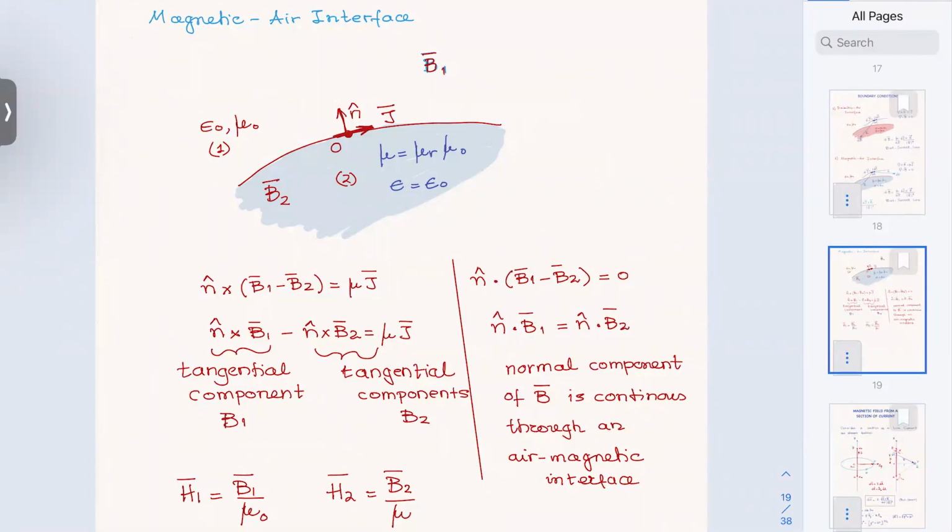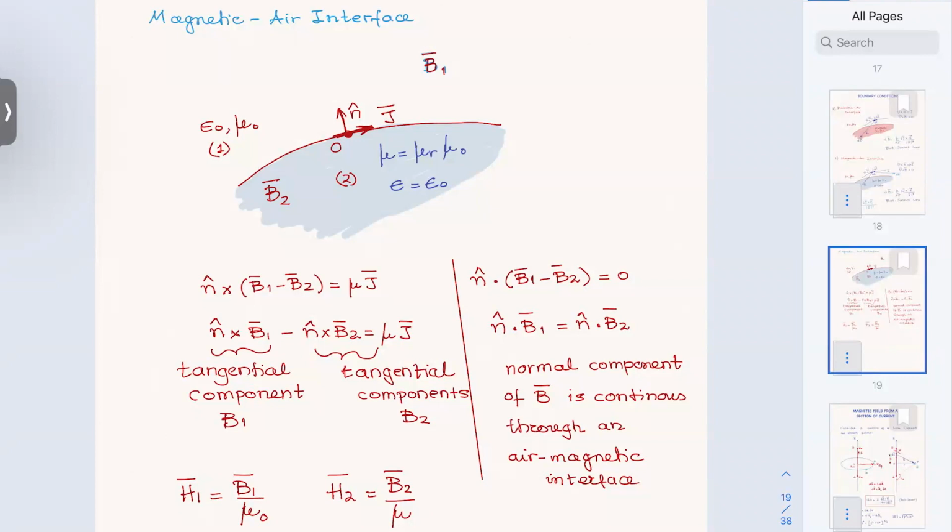All right, so while B1 and B2 are continuous through the interface if there is no current, then H1 and H2 will be discontinuous by a large amount because mu sub r in magnetic materials is very high. And the normal components, even if the normal components of B are continuous, regardless of whether there is a current or not, then the normal components of the magnetic field are discontinuous.